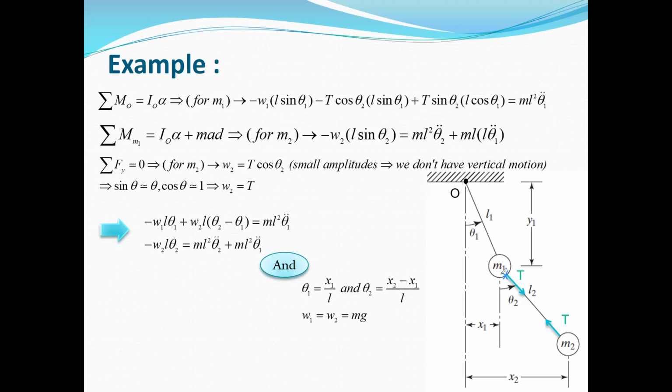From dynamics, because M1 is not a fixed point of rotation for mass M2, on the right hand side, in addition to the mass moment of inertia of mass M2 about M1 multiplied by alpha, we will have m times a times d, where a is the acceleration of mass M2, multiplied by d, which is the distance between M2 and M1, about which we are calculating the moment.